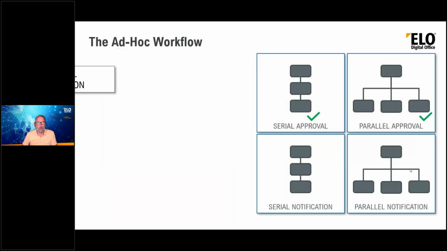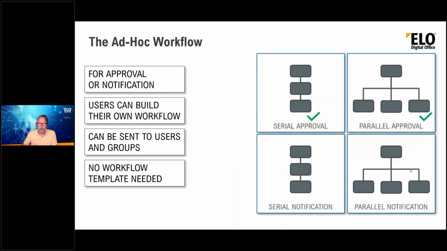So let's have a look at the ad hoc workflow. We have two different types of ad hoc workflows available in the ELO ECM suite, for approval or for notification. The users can build their own workflows. So you start a workflow, you select your users and groups as you need them, and then you can start it.